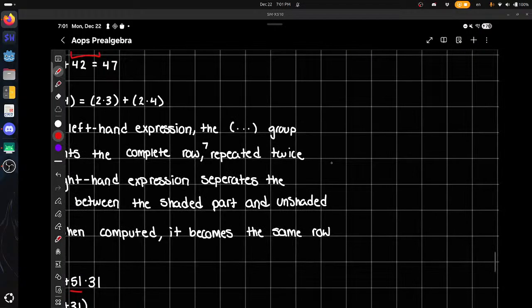So this is called distributive property of multiplication over addition.